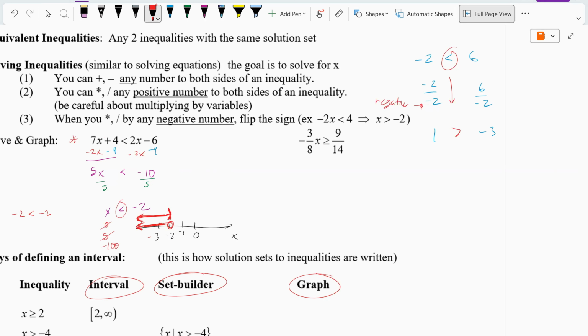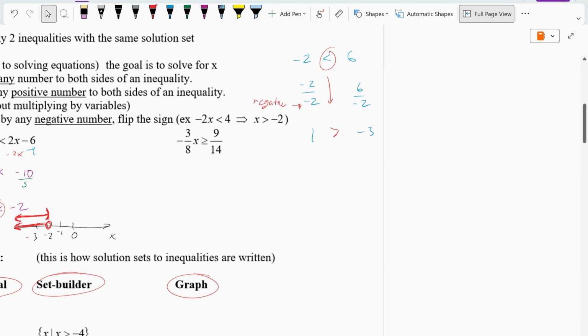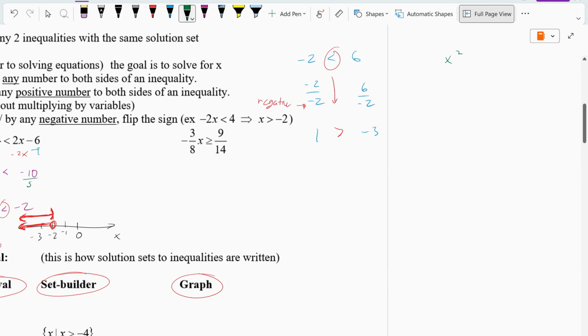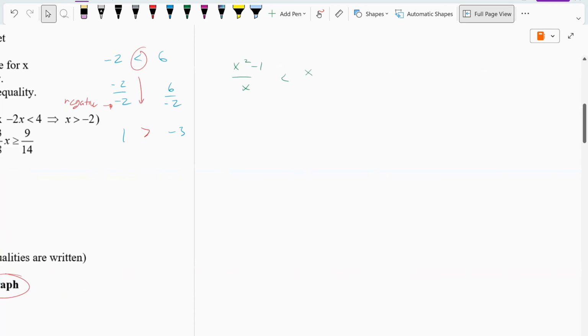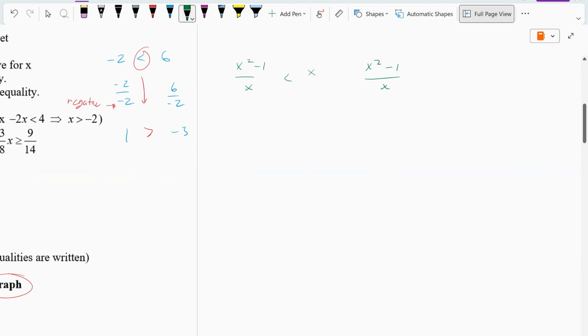All right, when this gets very tricky is things in the future we'll see of this form. Let's do a fraction: x squared minus 1 over x is less than x. Do you remember what we did when this was an equation? x squared minus 1 over x is equal to x. Do you remember how we solved these?